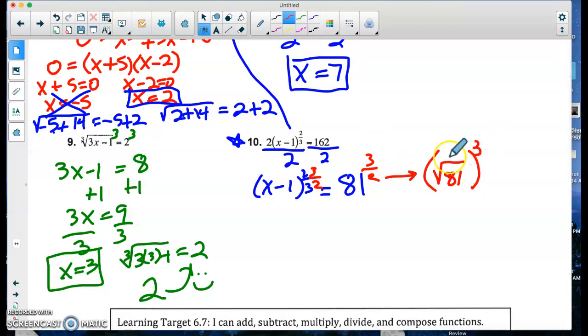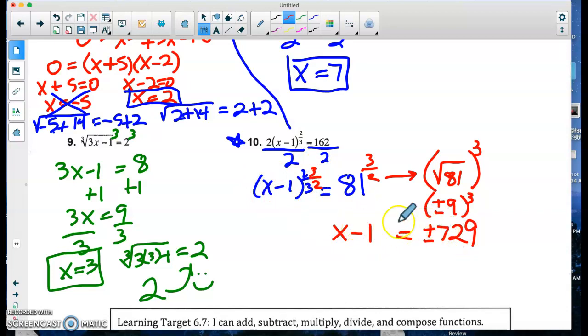Now there should be some alarm bells hopefully going off for people. Whenever we square root things, we have 2 answers. Reminder, we have a positive, negative. So when I square root 81, I'm going to get positive negative 9. Now, when we take 9 to the 3rd, we are going to get positive negative 729. Now, over here, remember, we had all of this. This is canceling, and I'm just left with x minus 1.